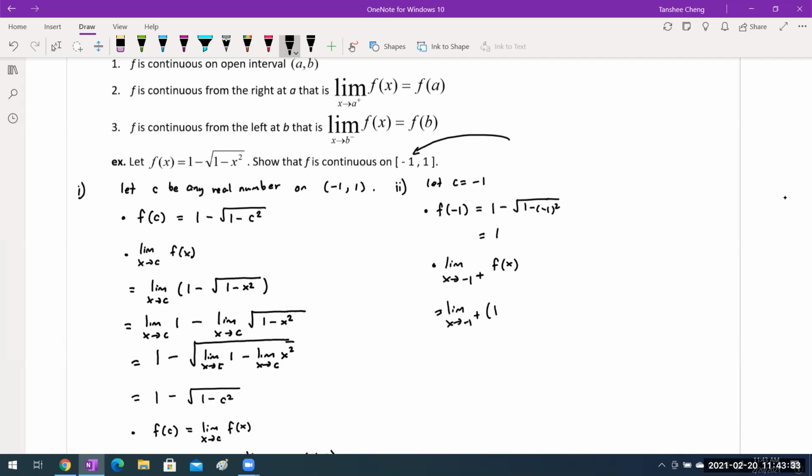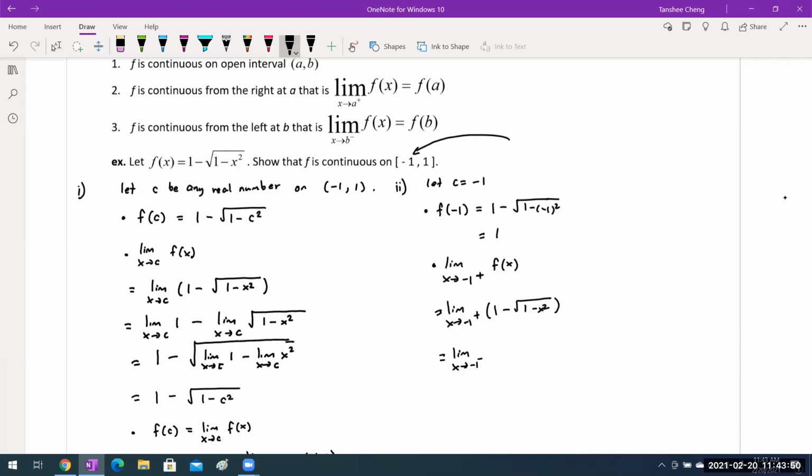of the function, which is 1 minus the square root of 1 minus x squared. Again, using the limit laws, and this time I'm going to save on writing.